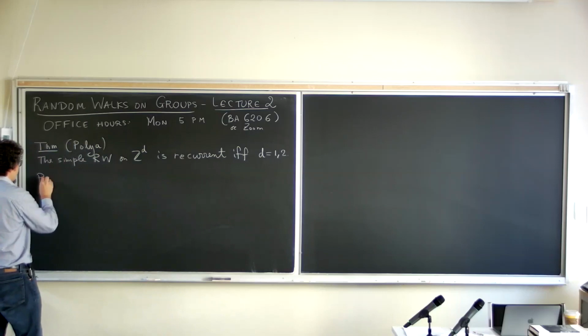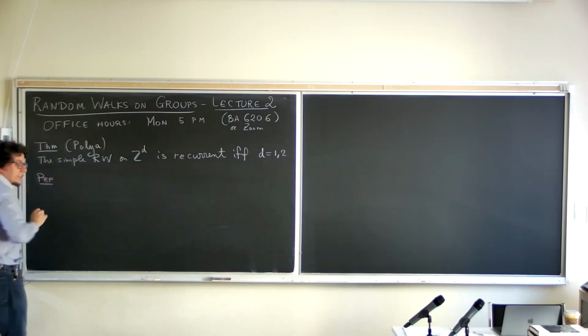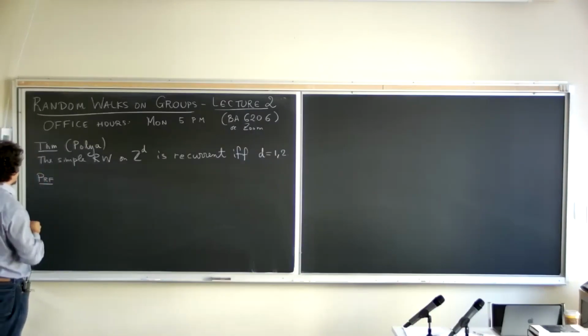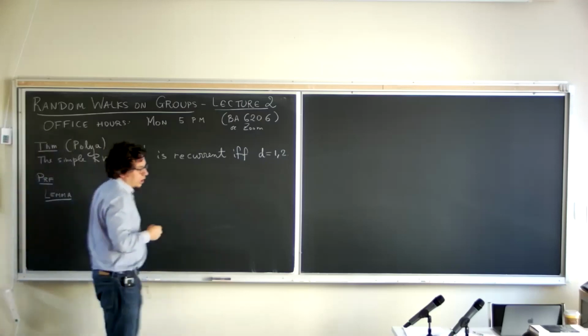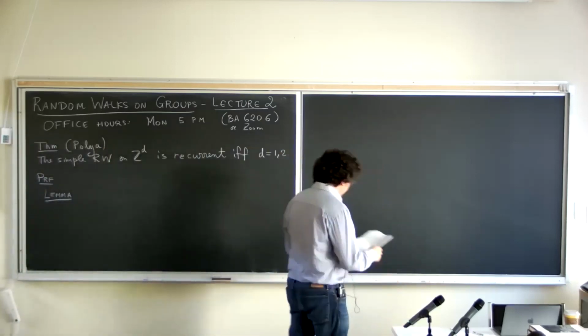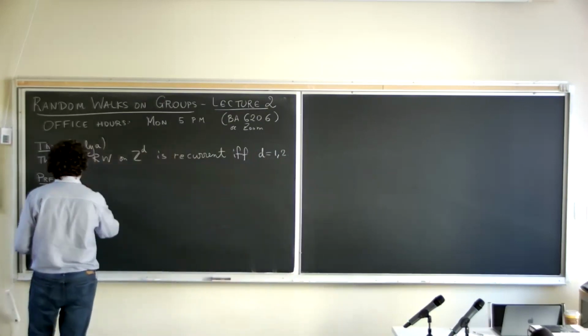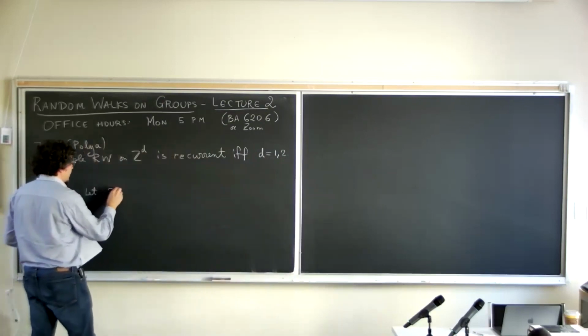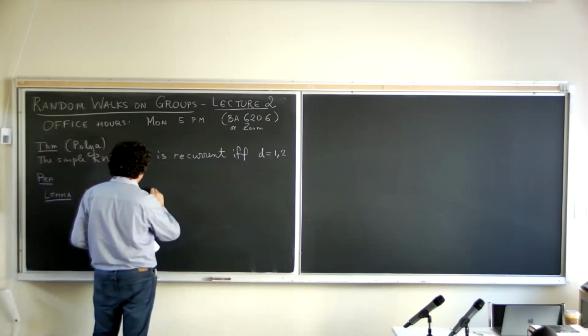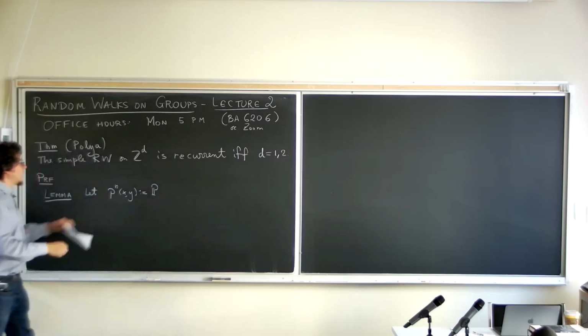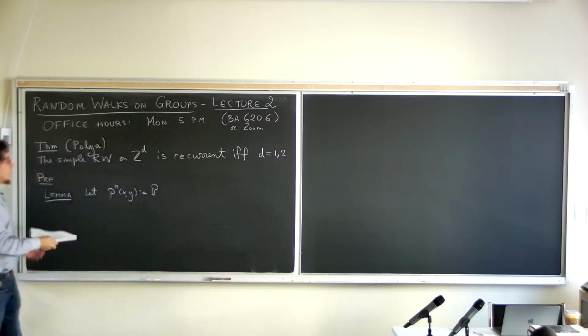This is the more probabilistic proof that we're probably going to see in this course. First of all, let's recall a criterion that we can use to determine whether a random walk is recurrent. We let p_n(x,y) be the probability that the walk goes from x to y in n steps.